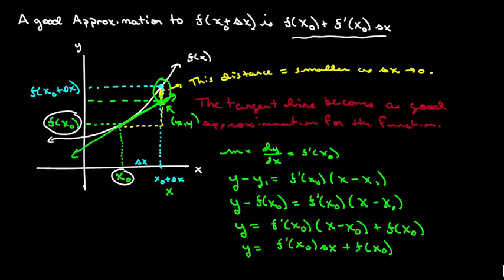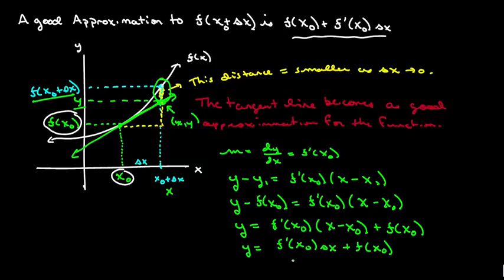So the big picture is, don't get too lost in the symbols here, we can use the tangent line as an approximation to the function, and to the function values, for delta x's that are really small. So this value and this value are very close to one another.